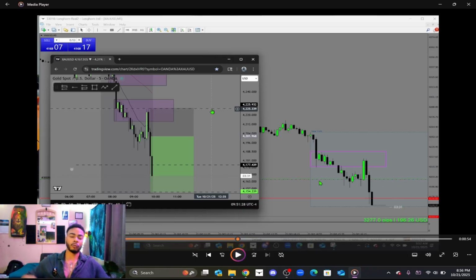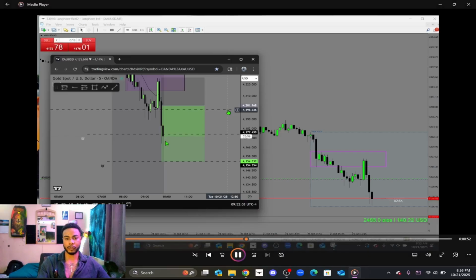I'm not risking any more money, basically, because my stop loss is at break even. So if price decides to come back up and hit my entry point, I lose no money, and I already secured half the trade. I already secured $150, right?